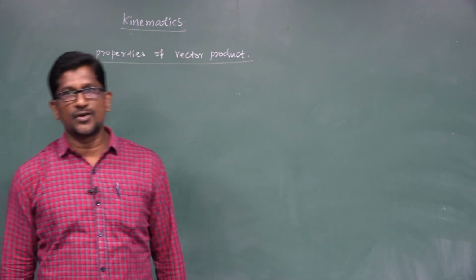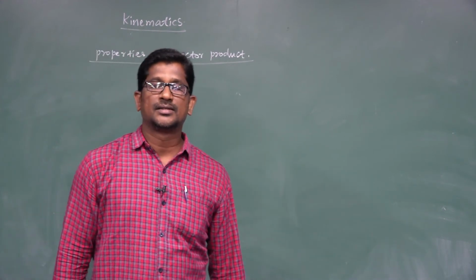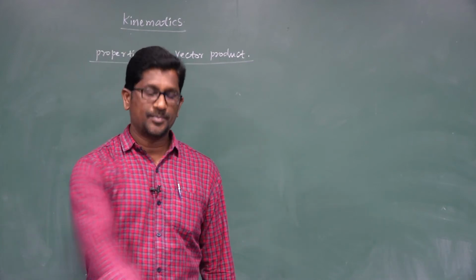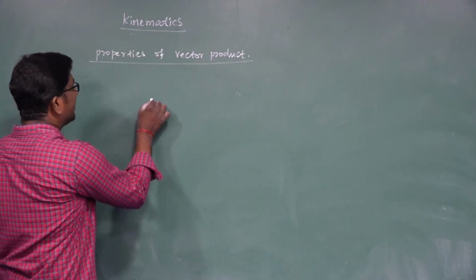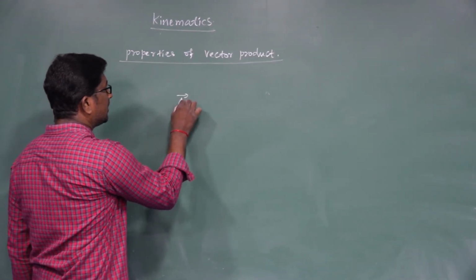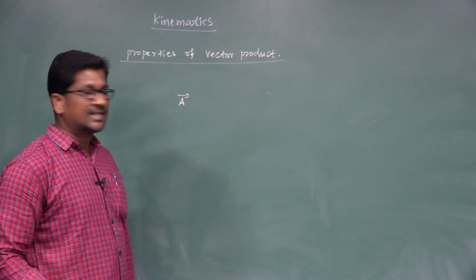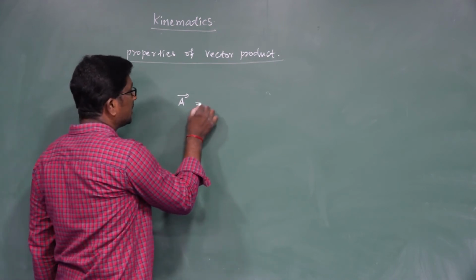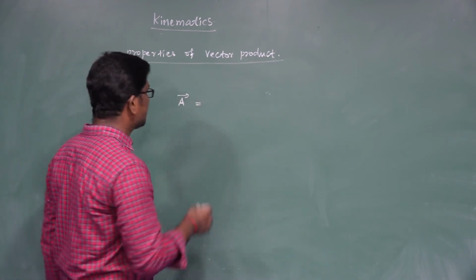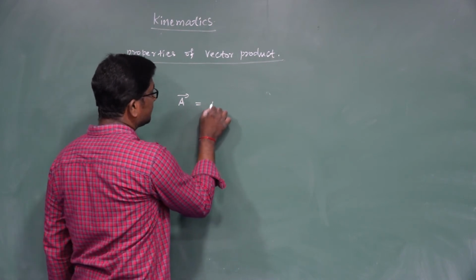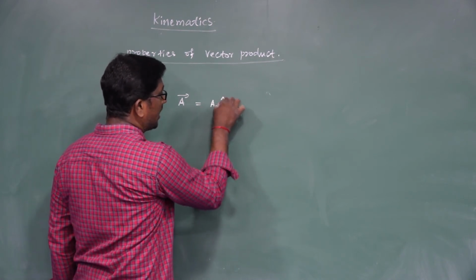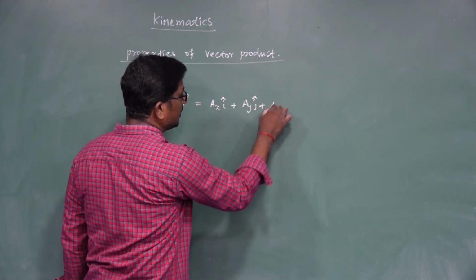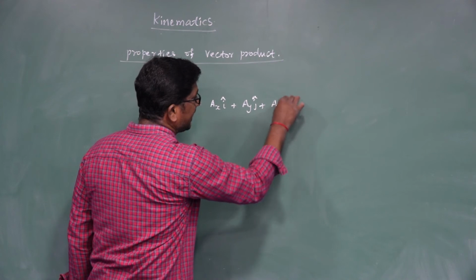The vector product of two vectors can be represented in component form. We know that A vector is one of the vectors. The component form of A vector in three-dimensional space can be written as Ax i cap plus Ay j cap plus Az k cap.